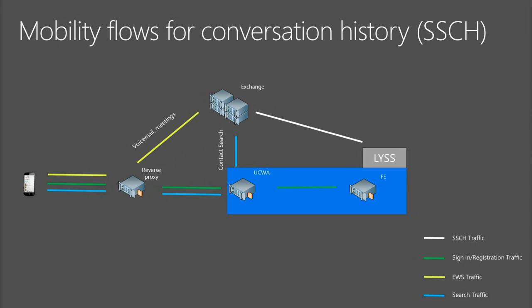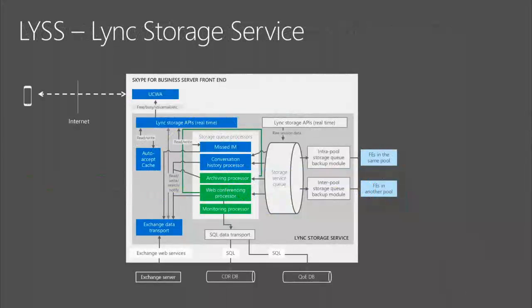So what does this LIS actually look like? This is how the Lync Storage Service looks if you want to deep dive into that. We don't need to talk about each and every component there, but we can say that the Lync storage APIs are what we are leveraging for UCIVA to write conversations. Then we have the conversation history processor, and we have the auto accept cache.